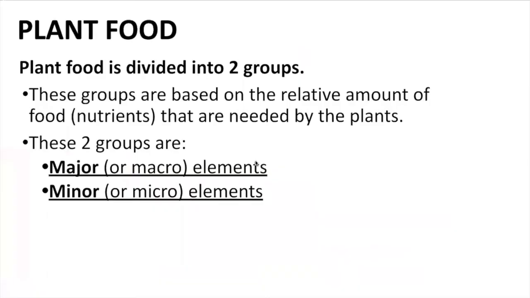Okay, plant food. We said another word for plant food was what? Fertilizers. Okay, we got the major elements, or the macronutrients, and the micronutrients. Both of them are important. Now, there's a lot of problems with this one. A lot of times people will say, okay, give me the major elements.